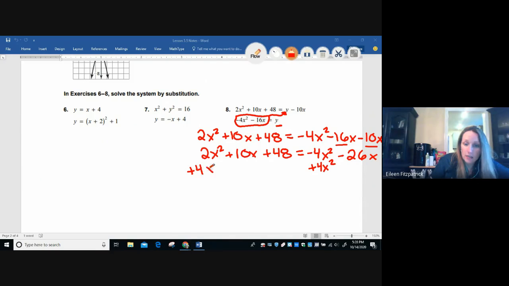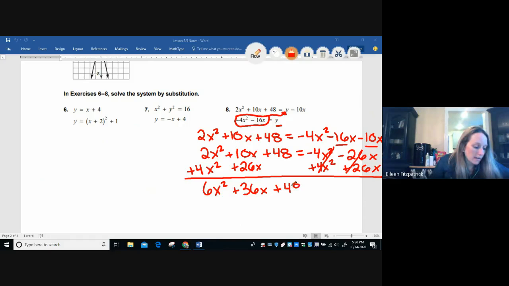I'm going to add 4x squared, and at the same time, I'm going to add 26x just to try to get 2 steps done at the same time. So all this ends up canceling, which is good. So I have 6x squared plus 36x plus 48 equals 0.